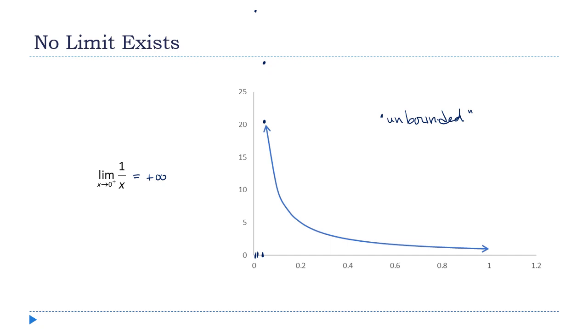It's a way for me to say the function is unbounded in a positive direction when we get into a neighborhood of that point. And obviously, if you think back to the previous graph where we had the left-hand side, I would say the limit as x approaches 0 from the left of 1 over x is negative infinity.